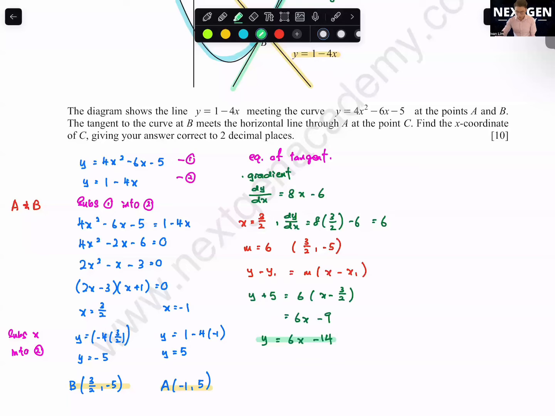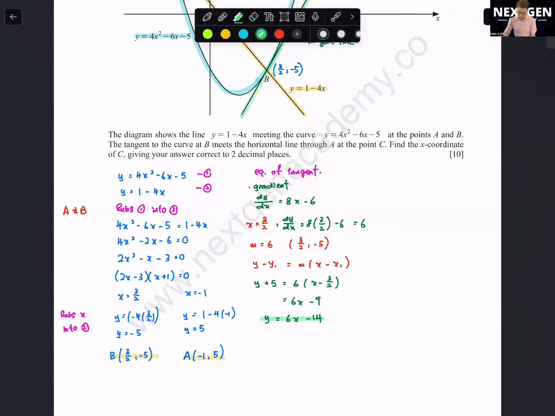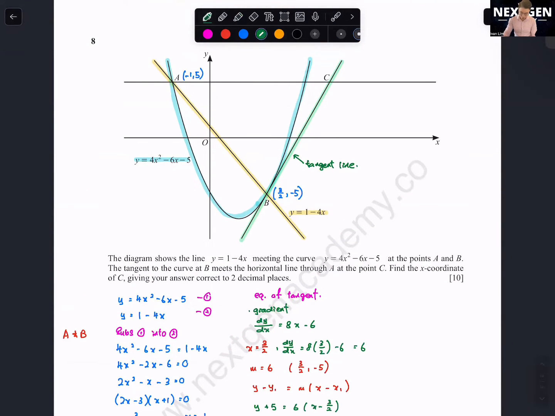After we have found this, you look back at the graph. I know that this equation is y equals 6x minus 14. They want us to find the x coordinate of C. You look over here, this is the same level line. That means this y over here is 5.